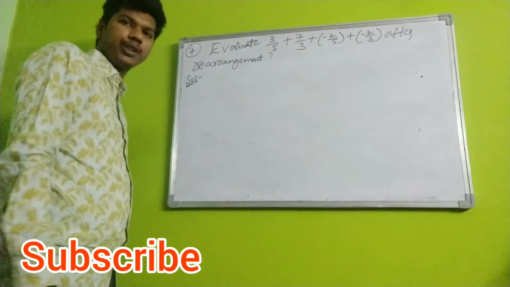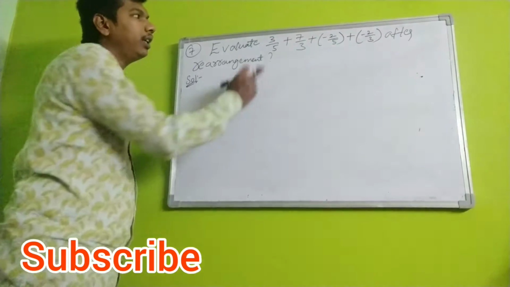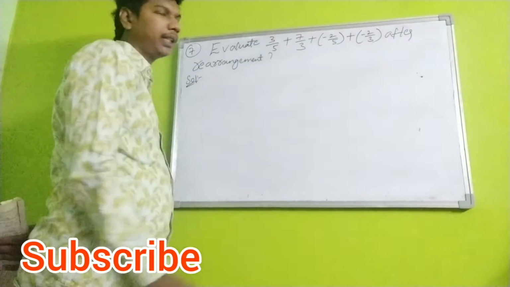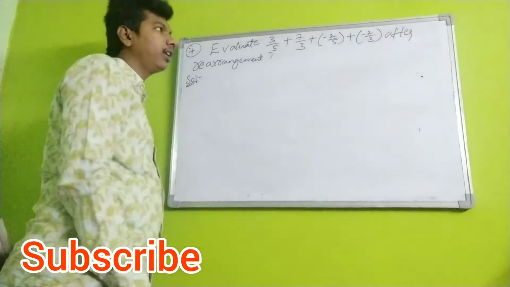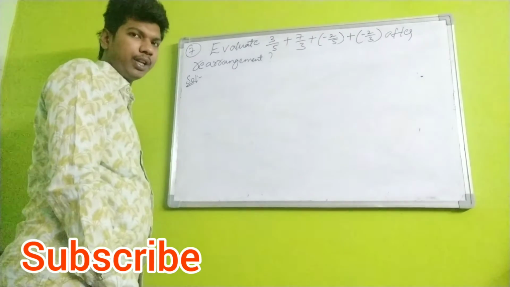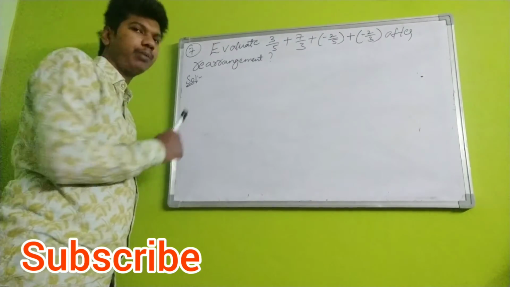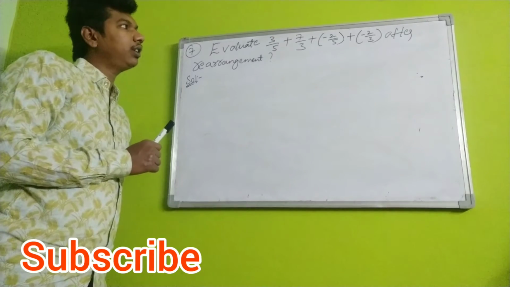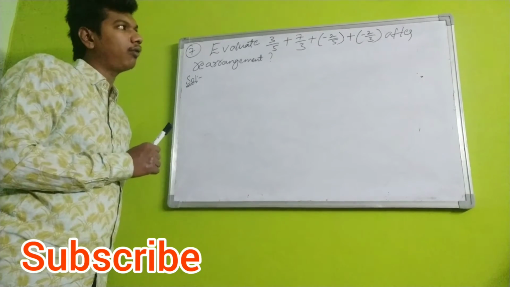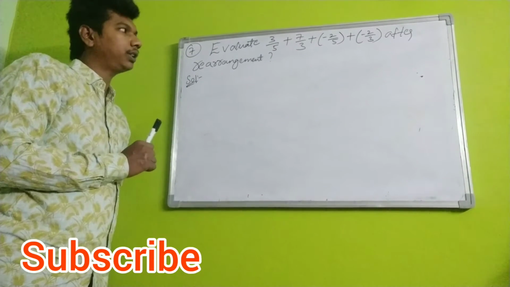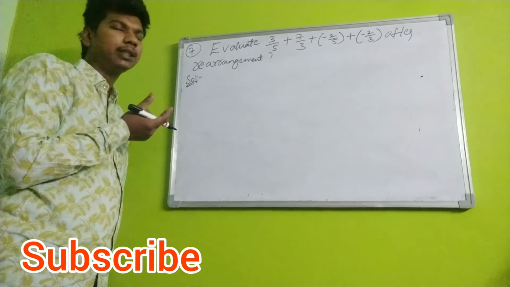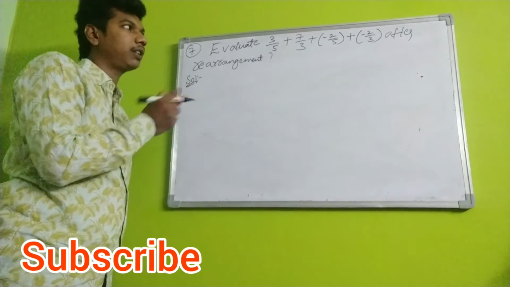Okay, students, question number 7 is: evaluate 3 by 5 plus 7 by 3 plus minus 2 by 5 plus minus 2 by 3 after rearrangement. Here, students, the fractional parts are total 4 numbers: 1, 2, 3, 4. First write the same denominator parts, the fractional parts, on one side.